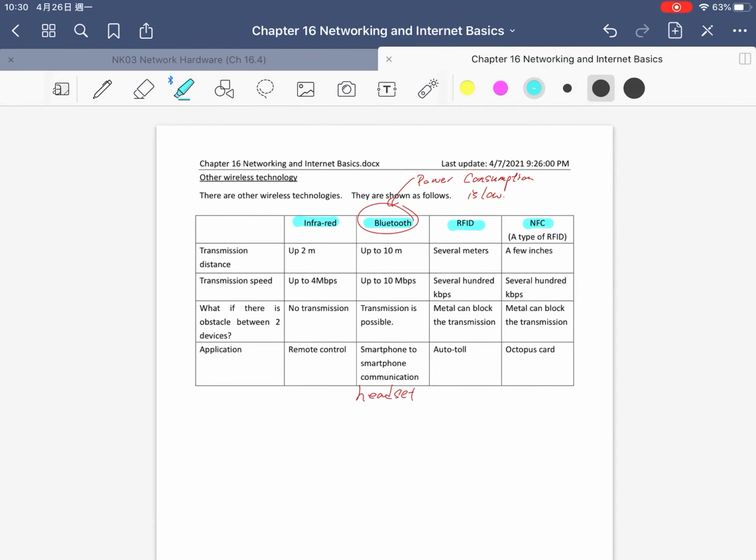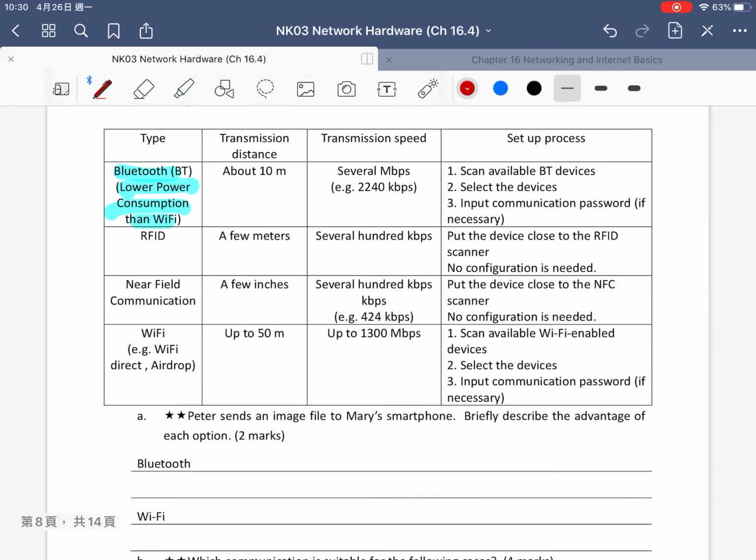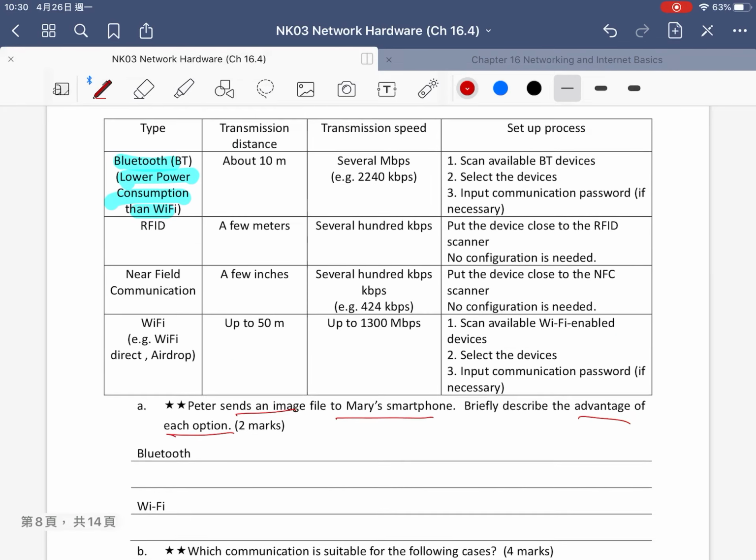These are the comparison. And you can look at here, there is also other description. For the Bluetooth, which is the most popular one, because of the less power consumption than the Wi-Fi, so it is more popular. So Peter sent some image file to Mary's smartphone, describe the advantage of using this option, Bluetooth and Wi-Fi.